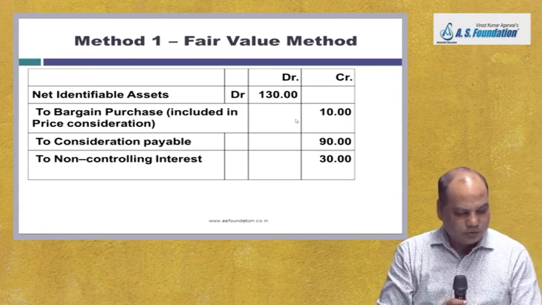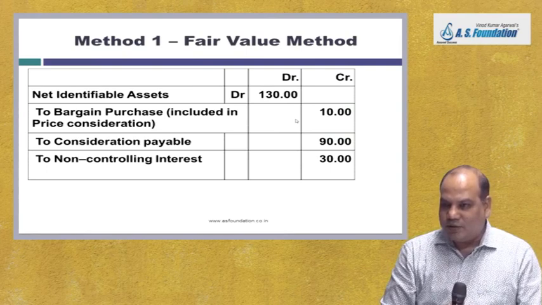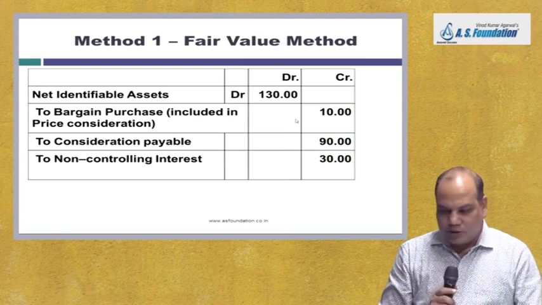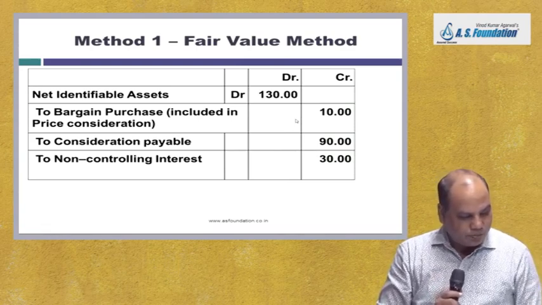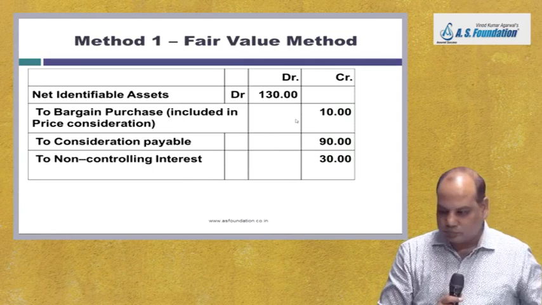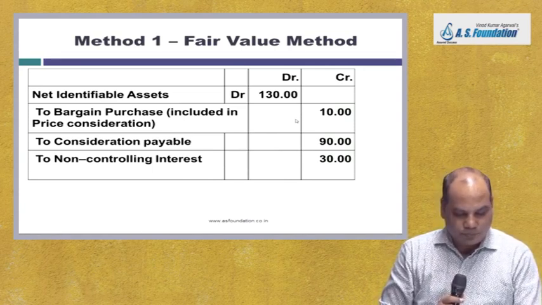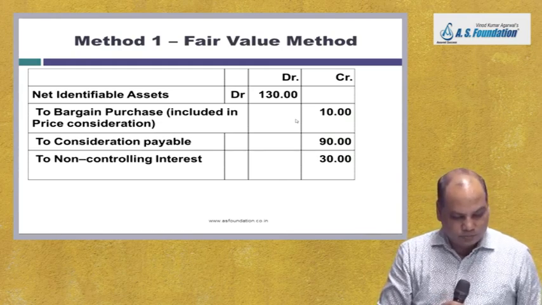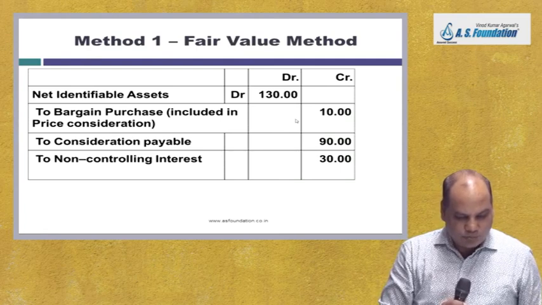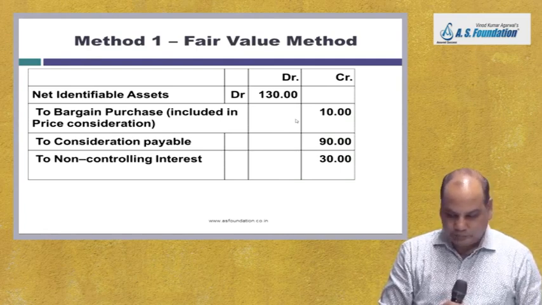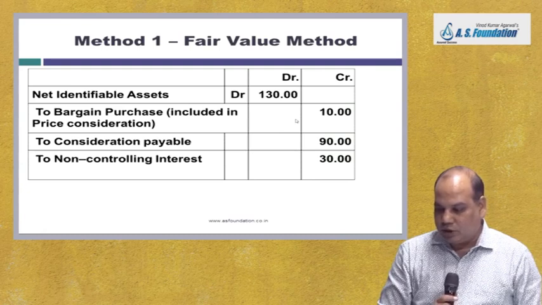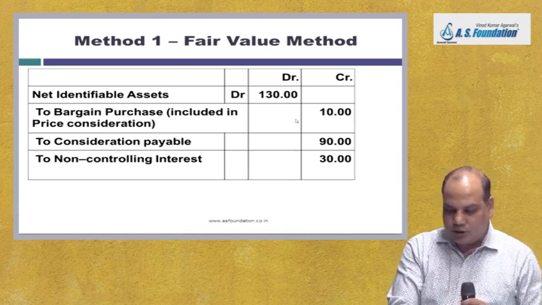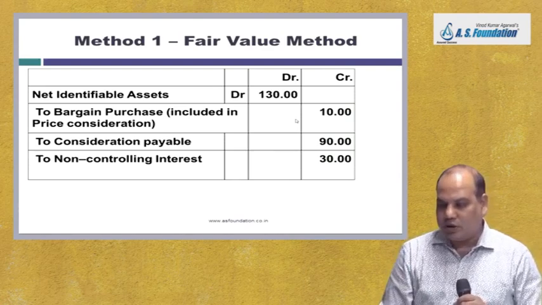So let us quickly write the journal entry again for these two situations. Come on. Net identifiable asset account debit 130, to bargain purchase 10, to consideration payable 90, to NCI 30.